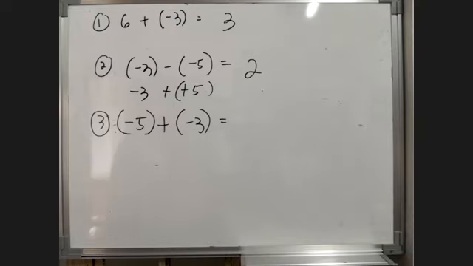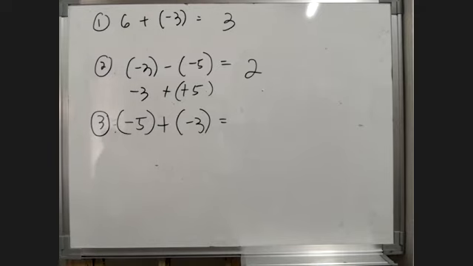Si Kinan daw. May mga nagtataspal ng kamay. Kinan, ano sagot? 8 po. Negative 8. How about si Precious? Anong sagot? Negative 8 din po. Si James, anong sagot? Negative 8 po.